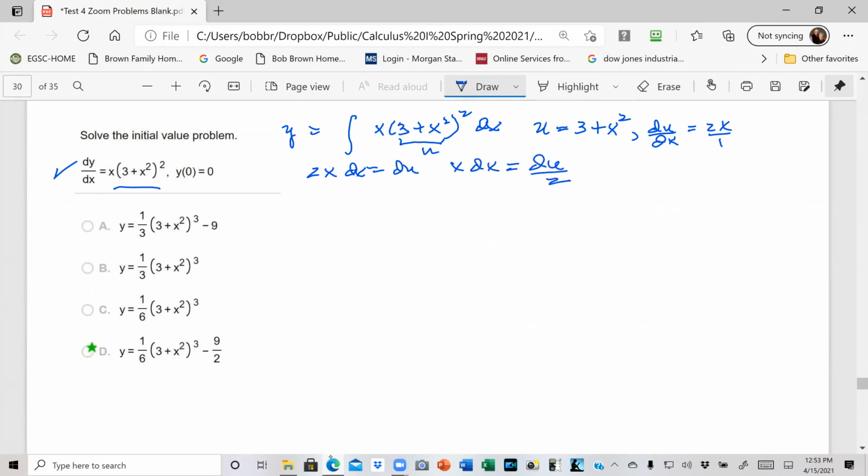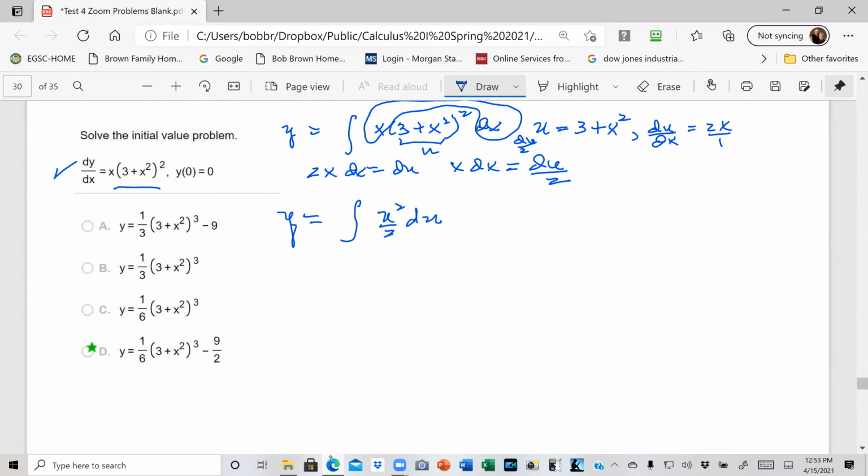So now we can see that x dx here would be du over 2. And then the 3 plus x squared would be u. So y is going to be equal to the integral of u squared over 2 du.